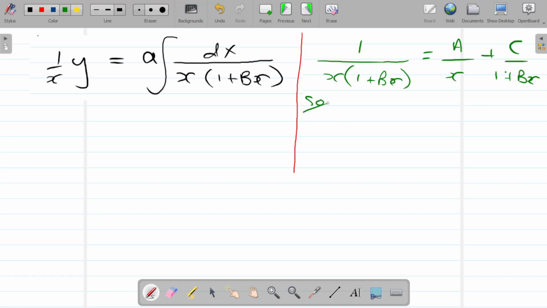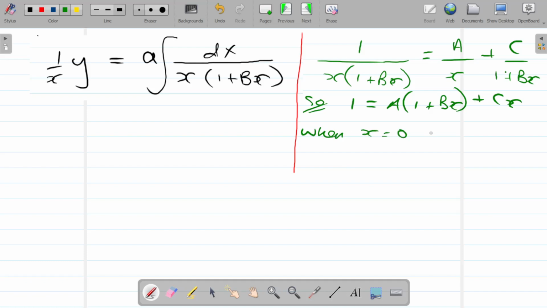So if we multiply both sides by x times 1 plus bx, we get 1 equal to a times 1 plus bx plus cx. So we've multiplied through by all of this in the denominator on both sides of this equation.